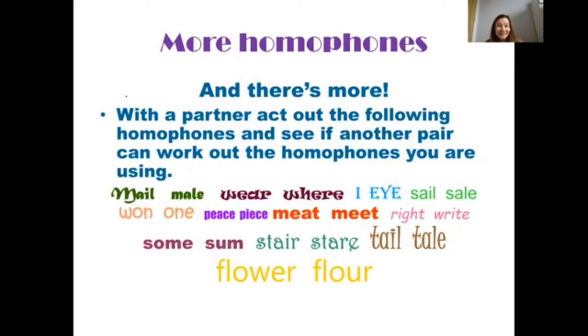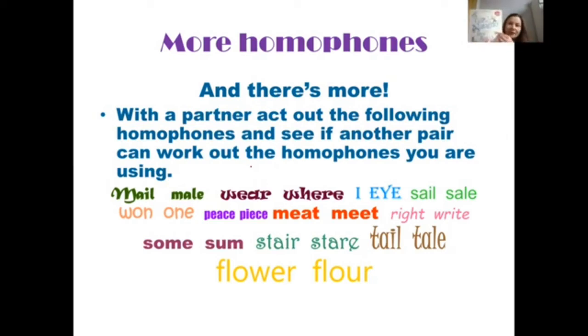Meet and meat. Meet is when I'm meeting, I'll meet you. And then meat is what you eat. And write is my right hand, and I'll write you a letter. Stare, when I look at you, I stare at you. And staircase. And tail. So tail is actually the tail of the naughty little rabbit.